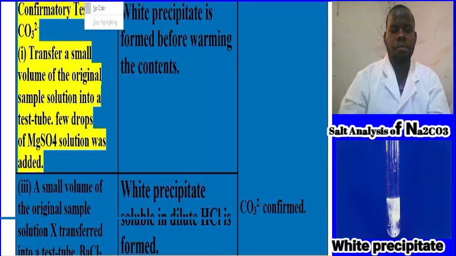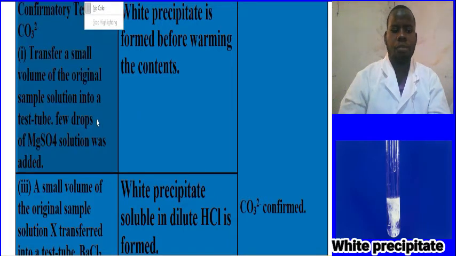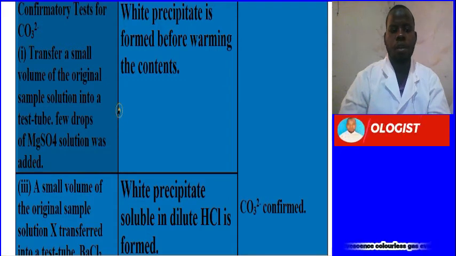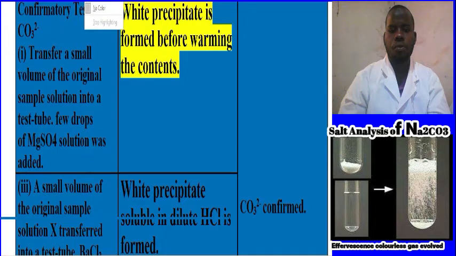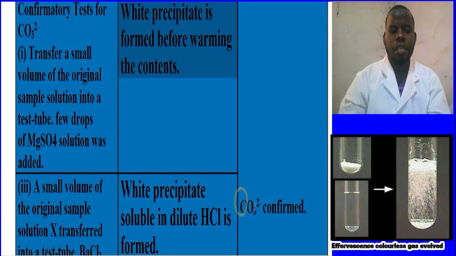Another confirmation: you can use barium chloride followed by dilute hydrochloric acid. A small volume of original sample solution X is transferred into a test tube. Barium chloride solution is added, followed by dilute hydrochloric acid, and you have to record it in that way, in passive voice.